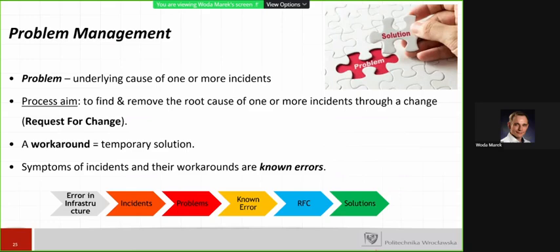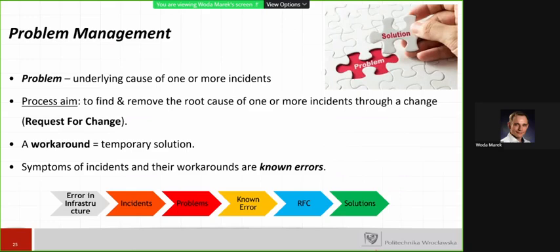And within these processes, like incident and problem management, we also have the managers, the persons who are trying to deliver the services in an uninterruptible manner. But what is worth mentioning regarding problem management? Firstly, it is yet again to remediate the incident, for which we don't know the reason behind.